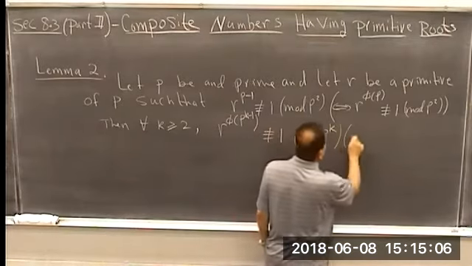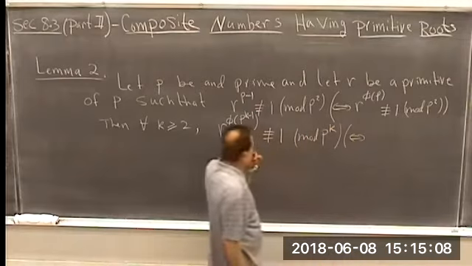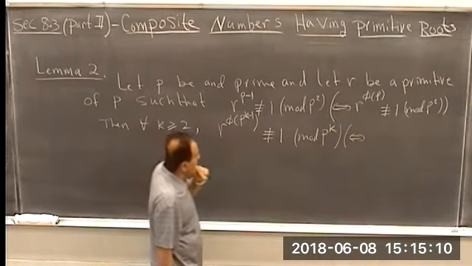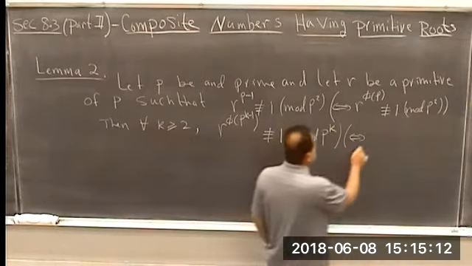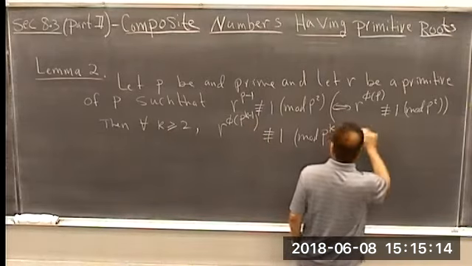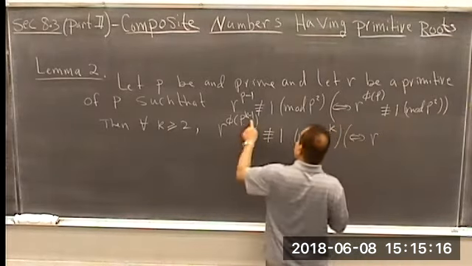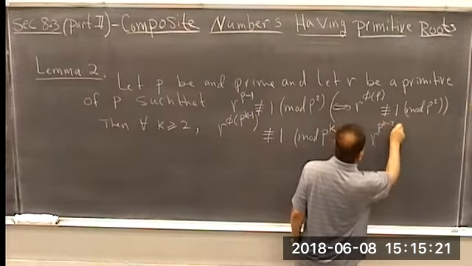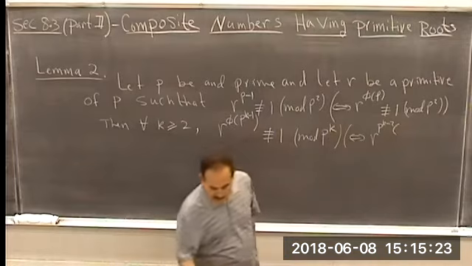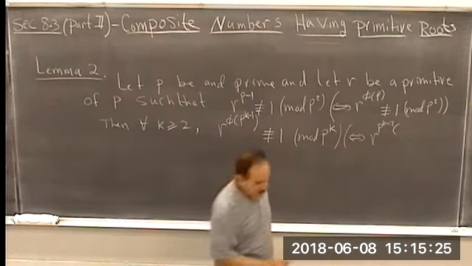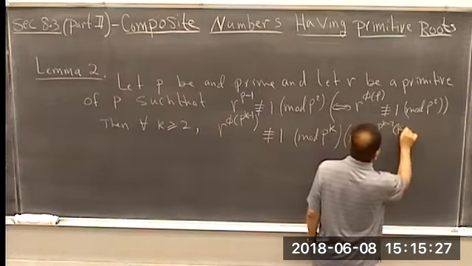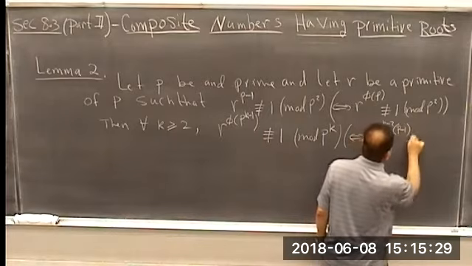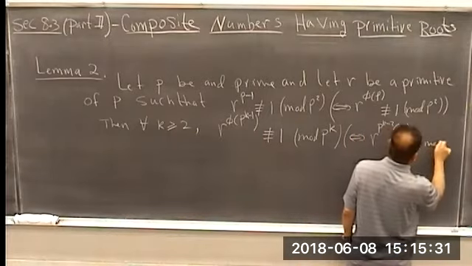Again, this is equivalent, and I switch things around here. So this one is r to the phi of p to the k, which is p to the k minus 2 times p minus 1, and this is not congruent to 1 mod p to the k.